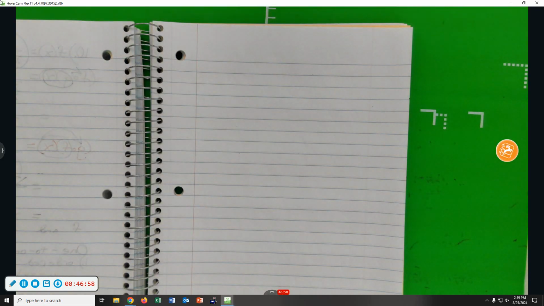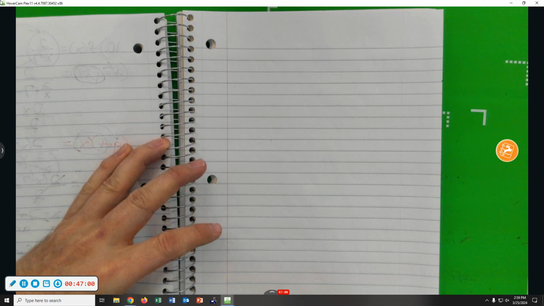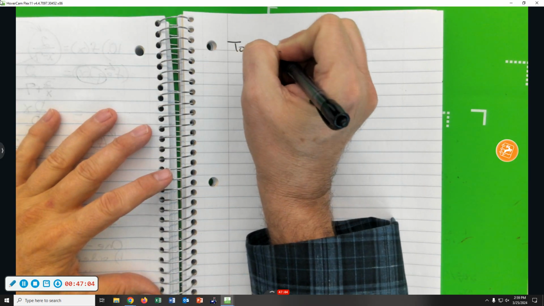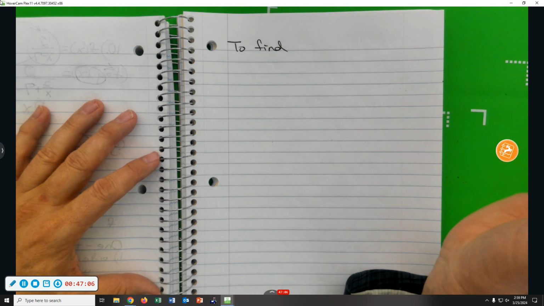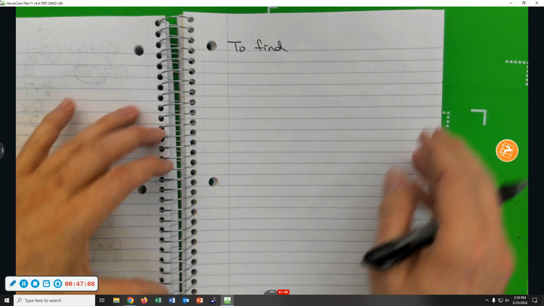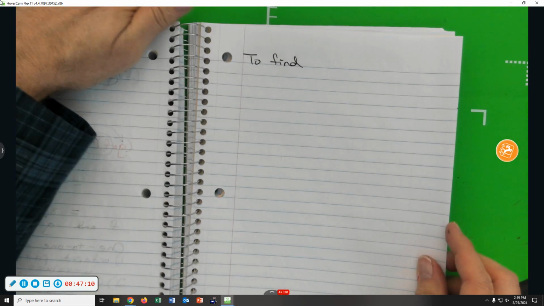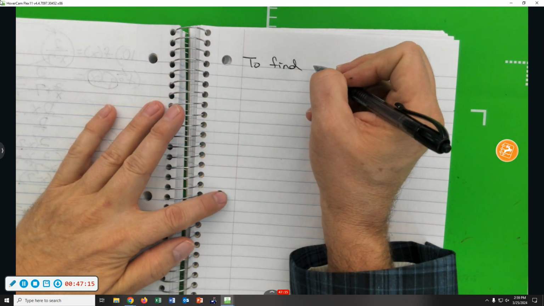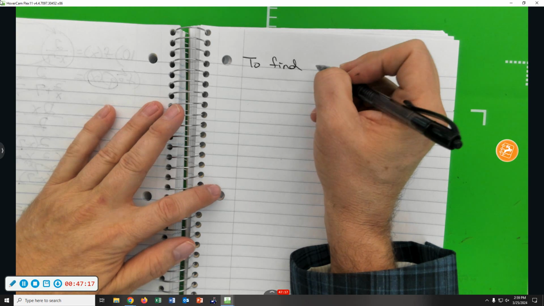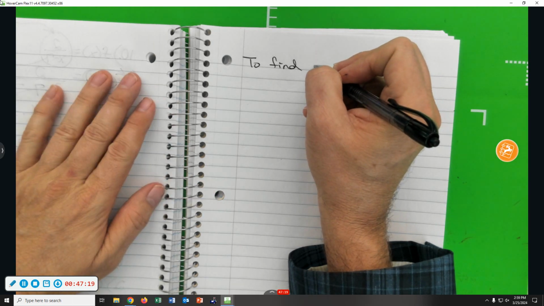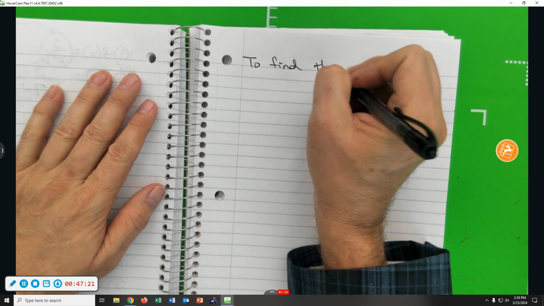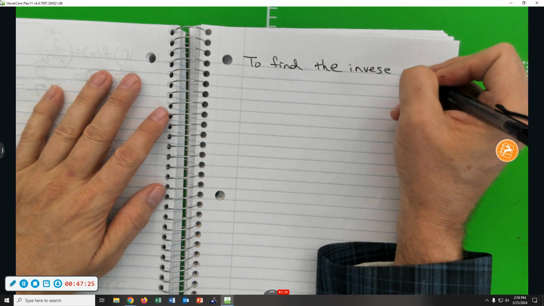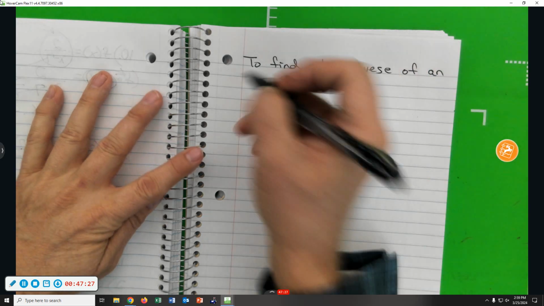I'm going to write out, to find the inverse of an algebraic function. And this isn't like the cut point process, okay? This is a short process, so don't start panicking. I can tell that's what Amy was thinking. She was like, oh, to find the inverse of an algebraic function.